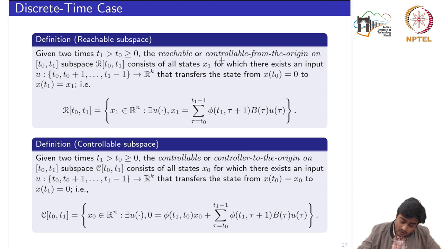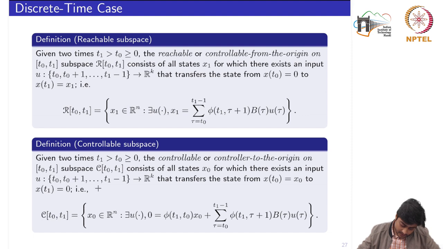The reachable or controllable from the origin within this interval t0 to t1 consists of all those states x1 for which there exists an input, so it would be a sequence of inputs, starting from u(t0) up to u(t1 minus 1), that transfers the state from x(t0) equals 0 to x1, which is given by this set. So this is the reachable subspace.